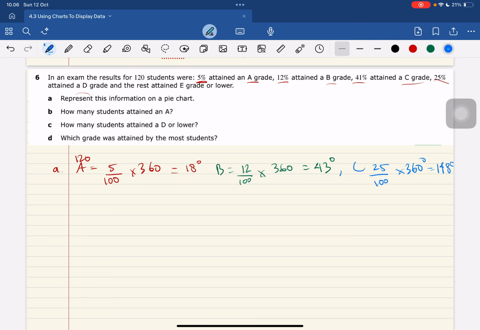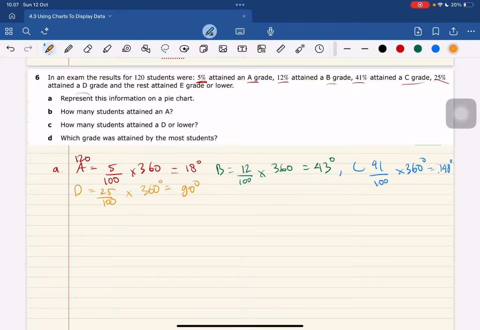So this is not 25. C is 41. So 41 over 100 times 360 will give us the answer of 148 degree. So we got 5%, 12%, 41%, and now is 25% for D. So times 360 degree, this will be 90 degree.